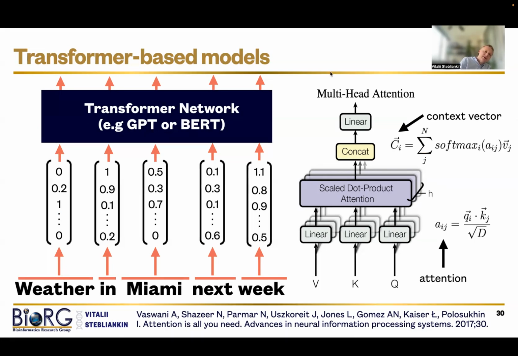So basically each transformed vector is going to have the attention of all the vectors in the neighborhood. This is why it's called a transformer, because it transforms each vector in a way that it gets attention of every other vector.